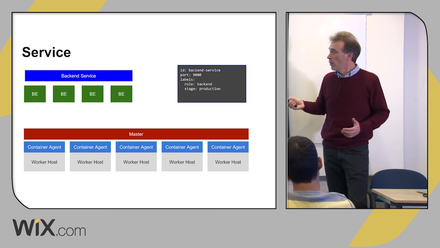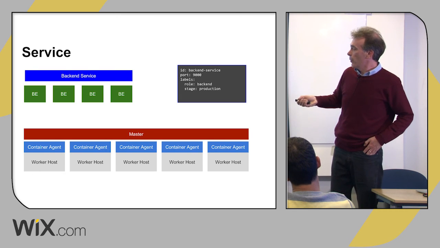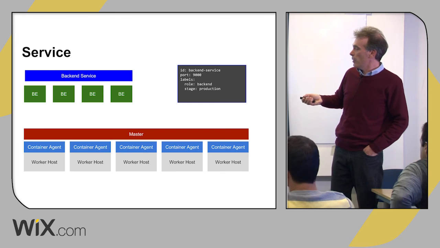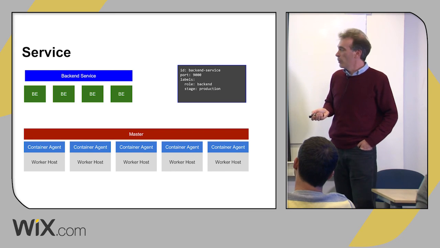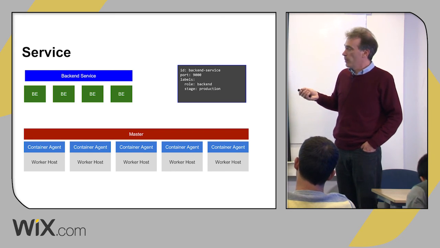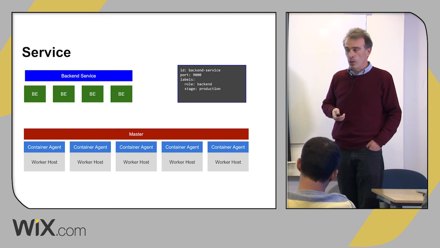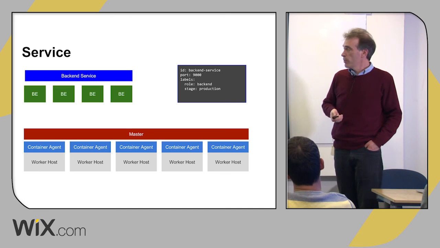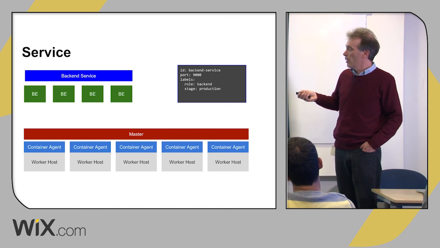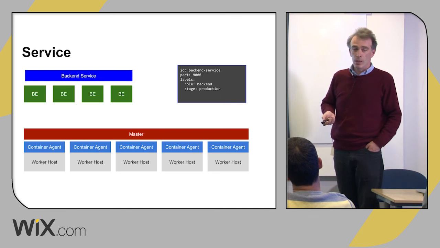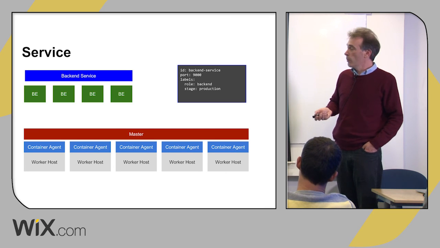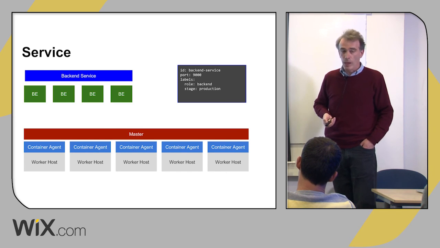We have, for example, 4 instances of backend services. Each of them has its own IP address, probably the same port. But if we would like now to open a connection to the backend service from our front-end service, how will we find to which instance to connect, how will we find the IP address, etc.?